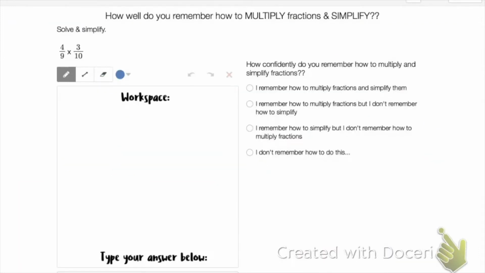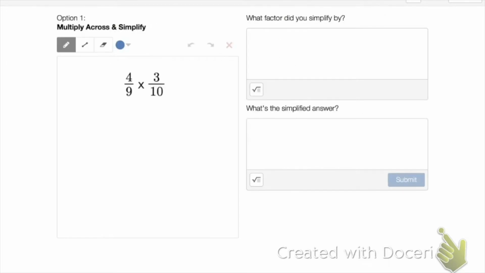Okay, so how can we multiply fractions? If we have 4 over 9 multiplied by 3 over 10, there are two ways that we can do it. The first way I want to introduce is multiply across and then simplify.